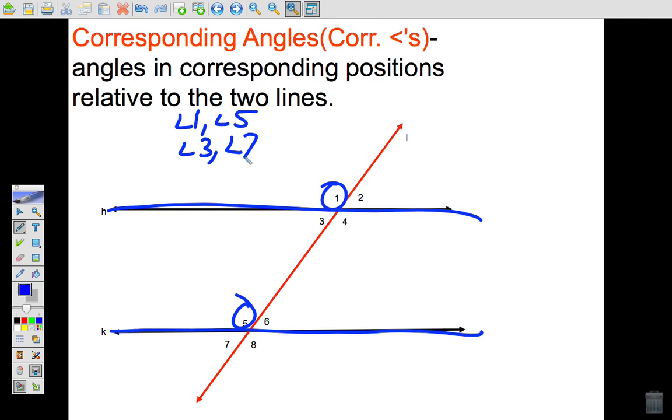Because 3 is inside, angle 7's outside the blue lines. Another pair would be angle 2, it's outside. What corresponds to that? Angle 6 does. And then one more pair, angle 4 and angle 8. So actually we have quite a few pairs of corresponding angles. One of them's outside the two lines that are crossed, the other one's inside the two lines, and they're on the same side of the transversal.